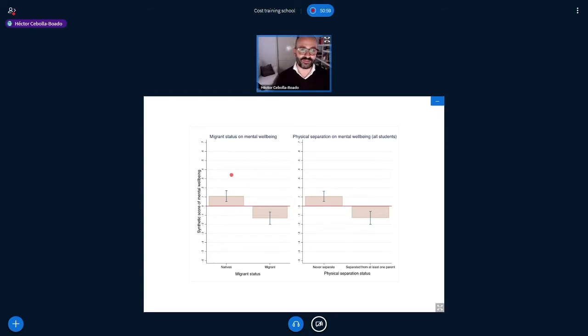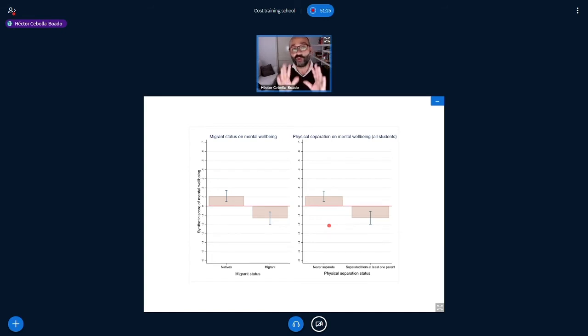So this kind of effect is basically explained by separation, and the way separation affects native children is very similar across migrant status. Being separated from your parents hurts you very similarly.